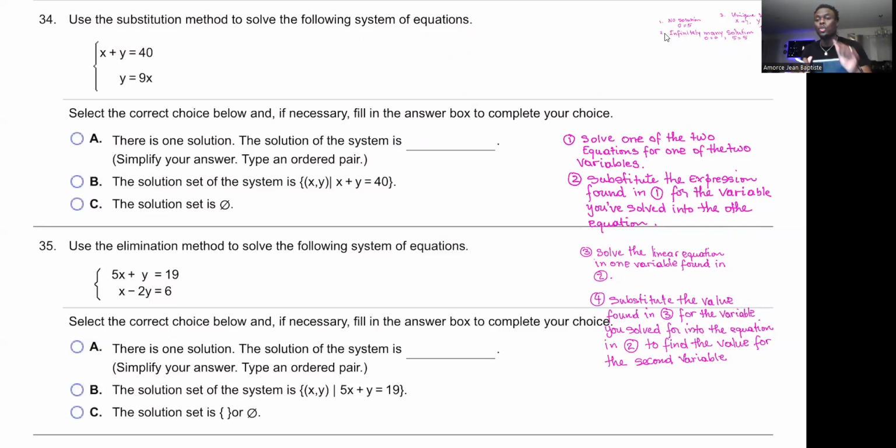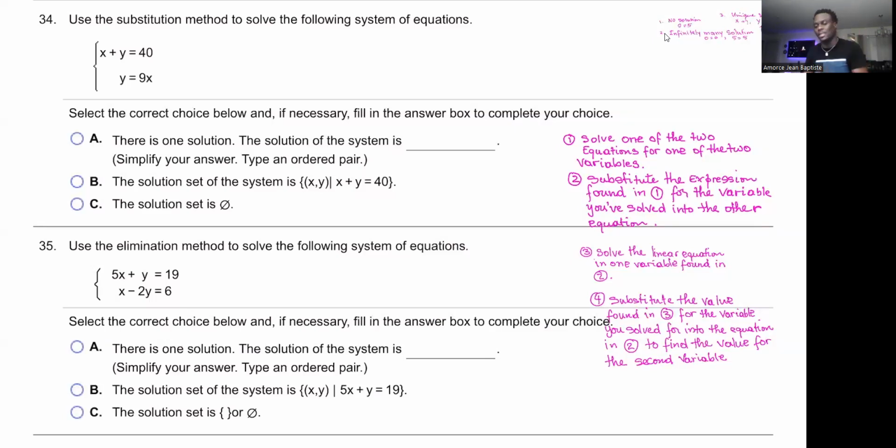Step 2, you substitute the expression found in step 1 for the variable you solved for into the other equation. Then step 3, you solve the linear equation in one variable found in step 2.